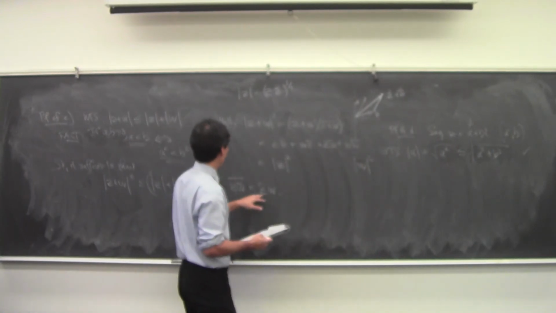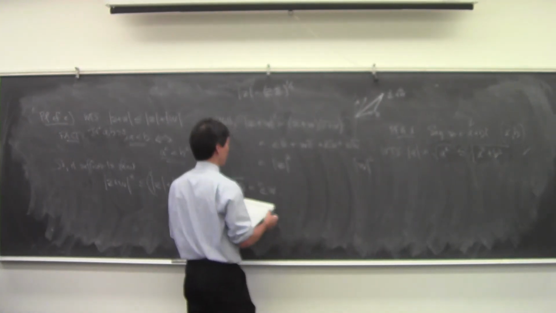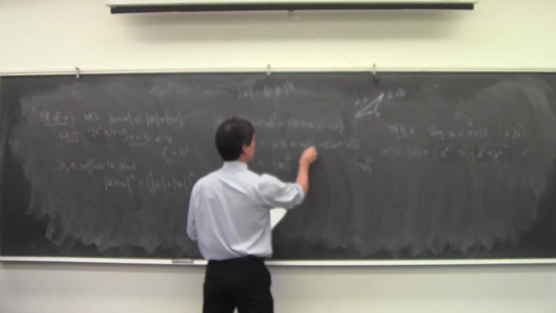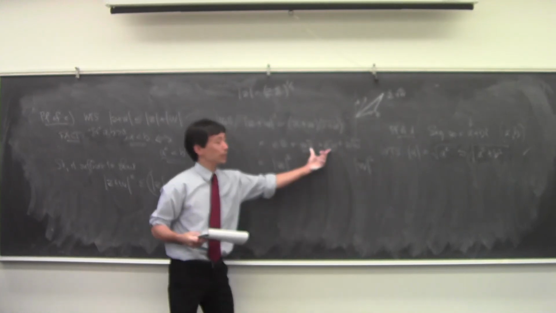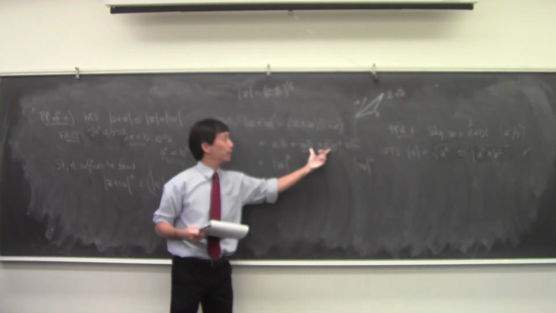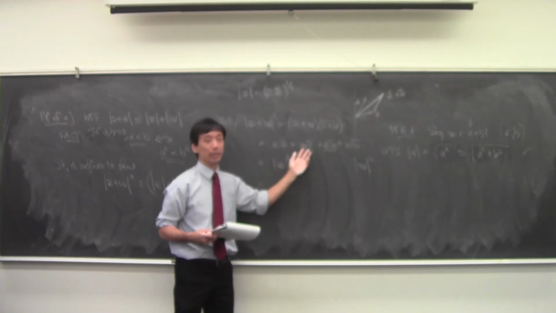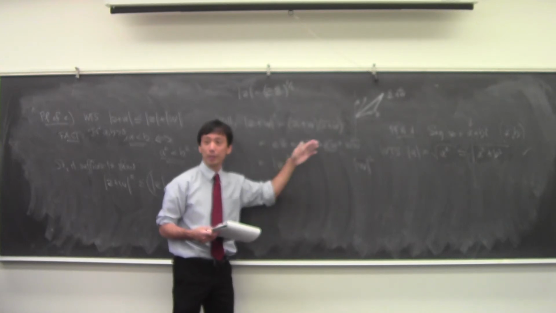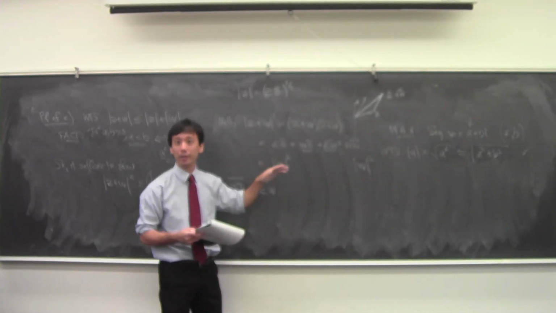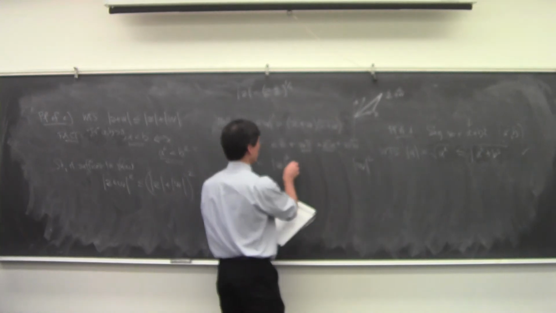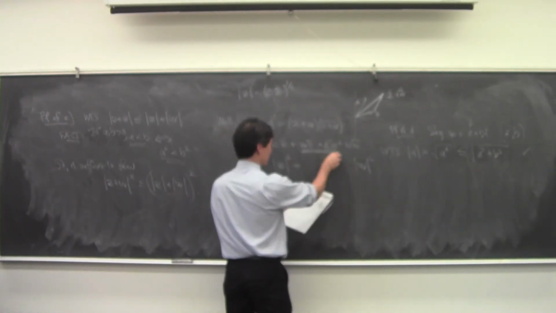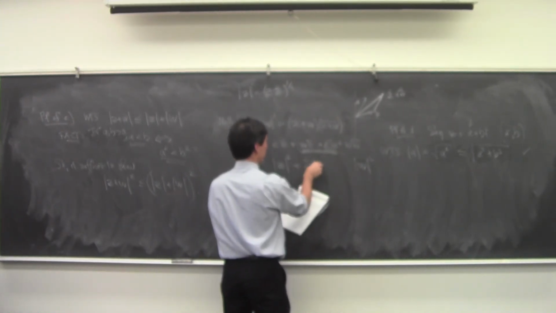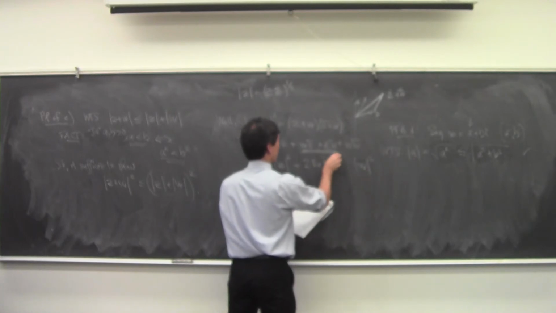Okay, so this and this are complex conjugates of each other, right? If I take the bar of this, I get this. So I'm taking something and adding it to its complex conjugate. We saw earlier that you get twice the real part. So these guys together are going to be twice the real part of zw bar.